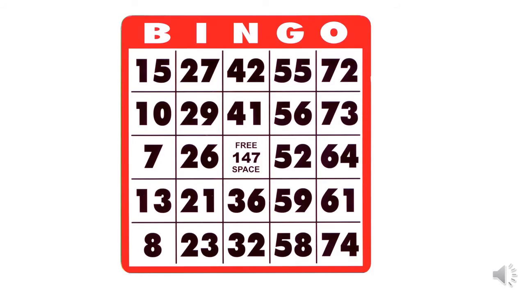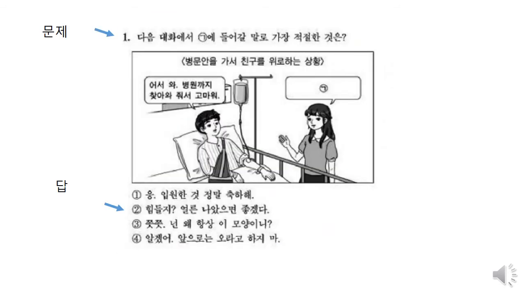So numbers written on bingo card, Sino numbers. This is an example test question. Question number one, 1번 문제. And if you look at the lower part of this question, there's example answers, right?